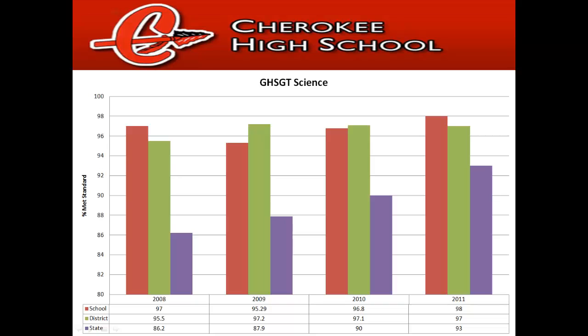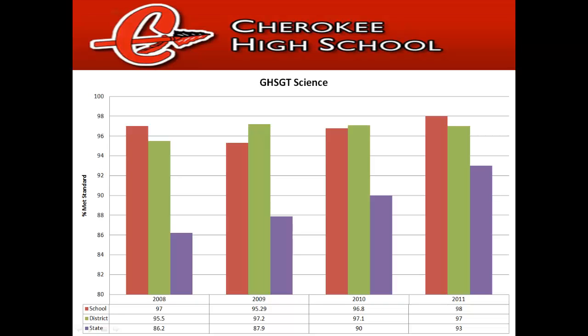Looking at the science portion of the high school graduation test, the school has pretty much stayed the same over the last couple of years. In 2008, the school was at 97%, meeting the standards, and in 2011, it's at 98%. The district, however, has increased over that same time period.